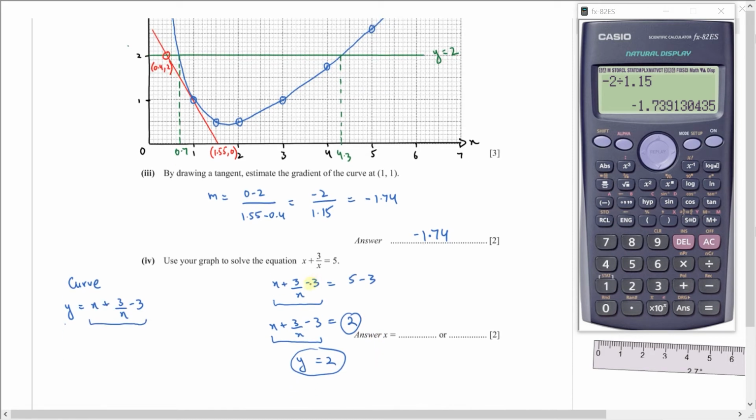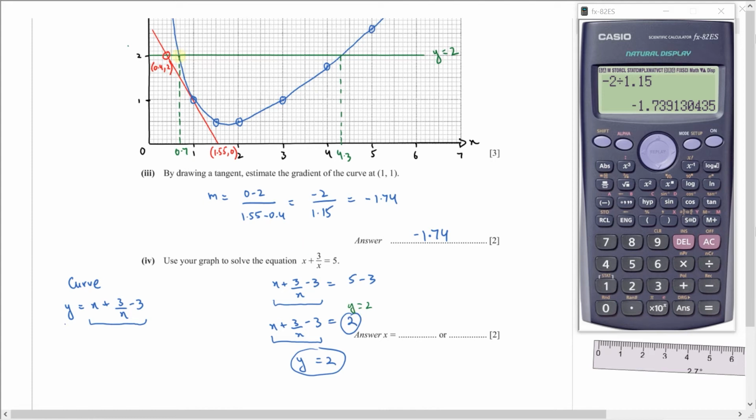So you first converted this equation into the equation of the curve that we have, by subtracting 3 on both sides. Now you have this equation, and you're looking for y value 2. So you draw a line at y equals 2 and see what the x values are. If you substitute x equals 0.7 or x equals 4.3, you will get y equals 2.